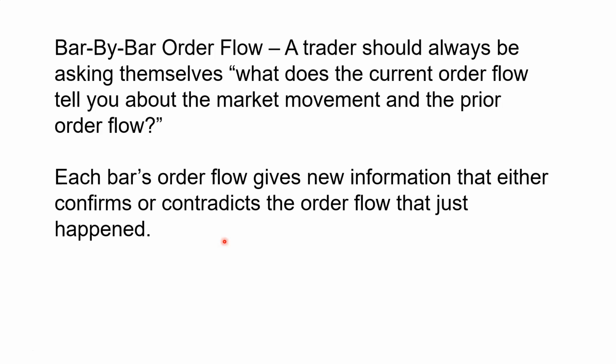Now, that doesn't mean you have to watch every single tick and say, oh, this price traded 37, this one traded 65, and try to decipher that. No, because it's too difficult for most people. But you should be trying to put the pieces of the puzzle together, all right? So each bar's order flow gives new information that either confirms or contradicts the order flow that just happened.